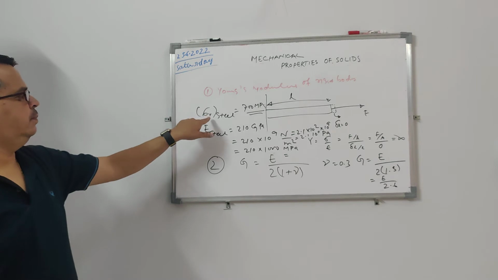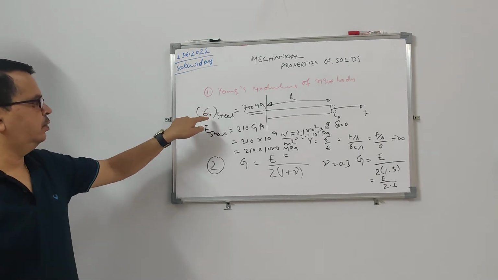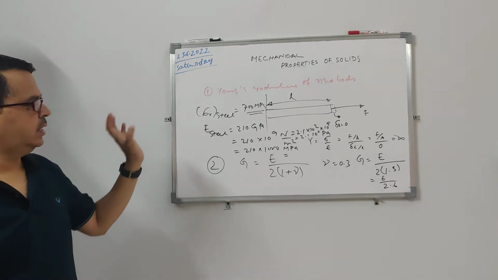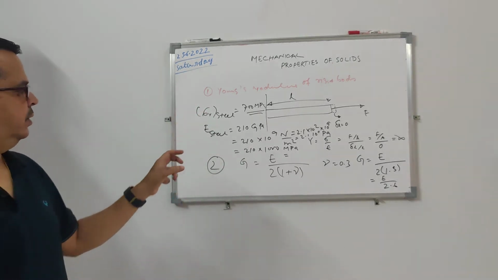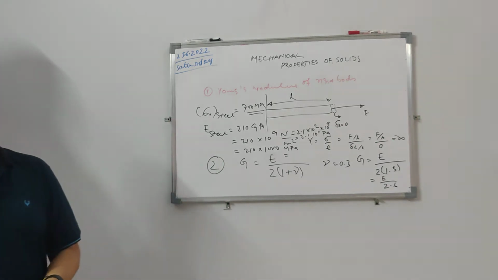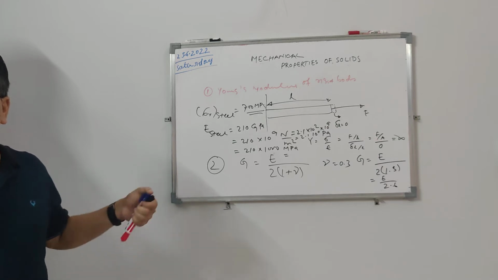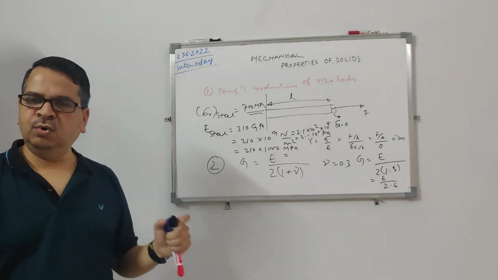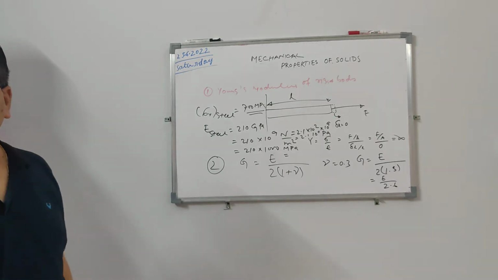For structural design, the stress we are bothered about is the yield stress, which is called the strength. So sigma is called the strength, whereas E is more related to rigidity of the material. Infinite means completely rigid.